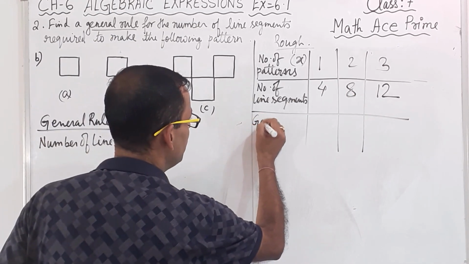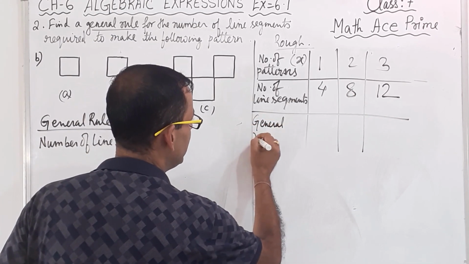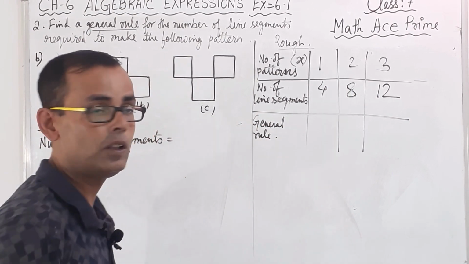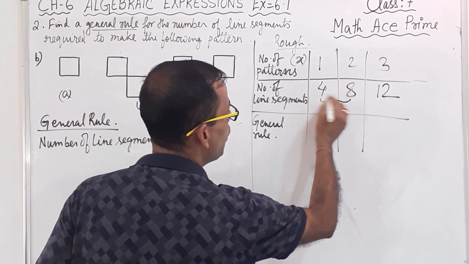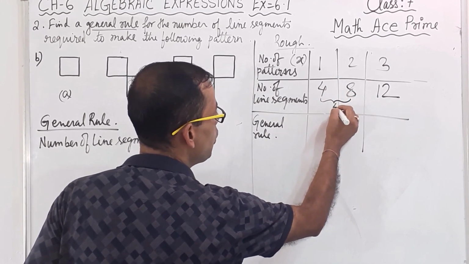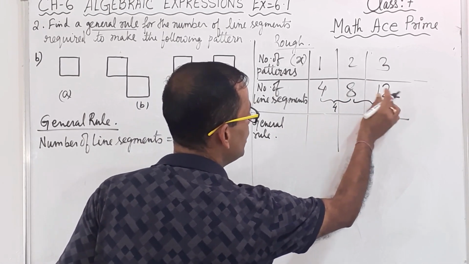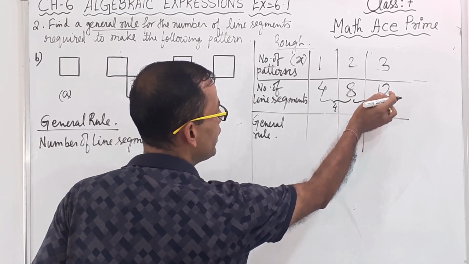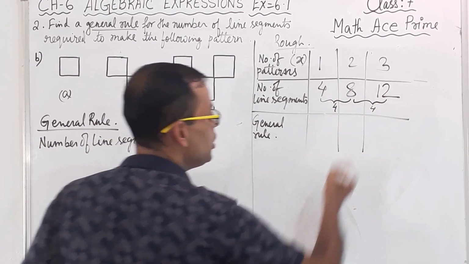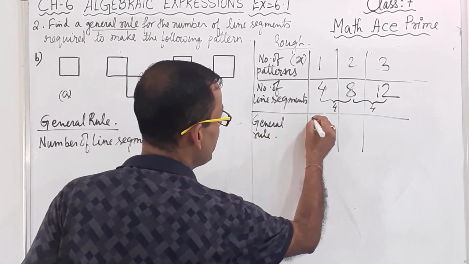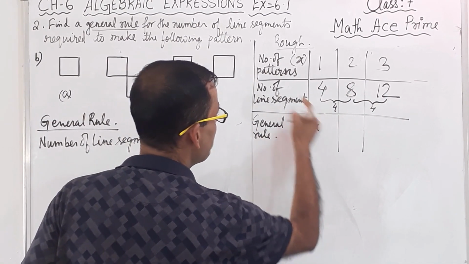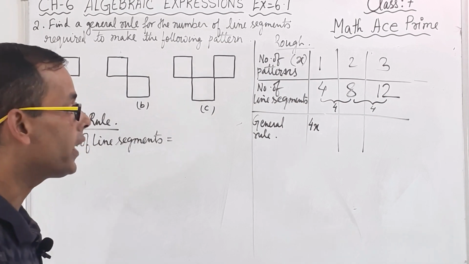The general rule. See, for the general rule, you find out the difference. 4 and 8, 8 minus 4, 4 is the difference. And here 8 and 12, the difference is what? 12 minus 8, 4. So 4 is the difference. So the general rule will be 4 and the number of patterns is X. So 4x.